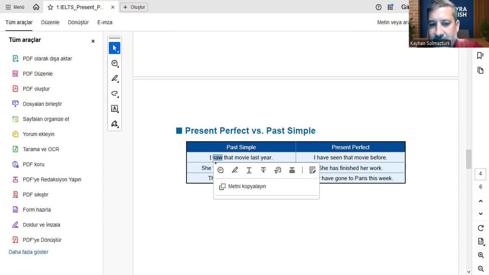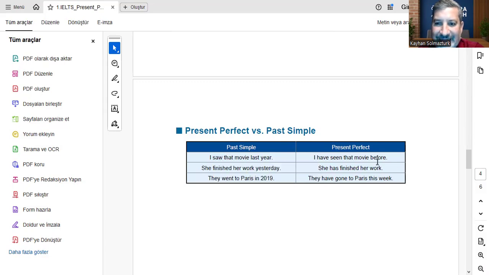As you know, as advanced students preparing to take the IELTS exam, the tenses are all about verbs. So this is verb two, but here: I have seen that movie before. This is about experience.